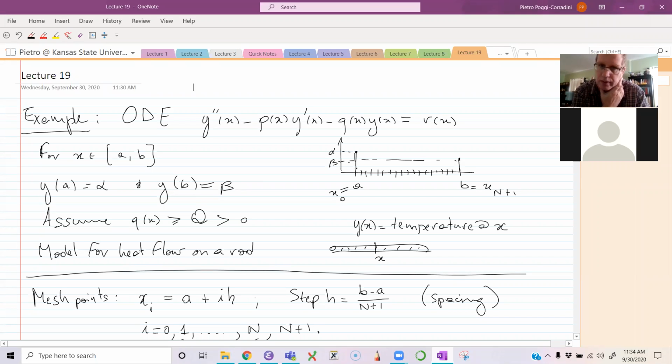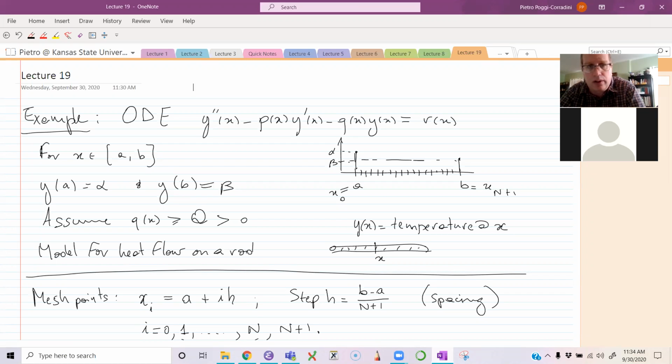So here's what we were doing last time. I just copied what we already wrote. This is an example to show how banded matrices come about in a very natural way.